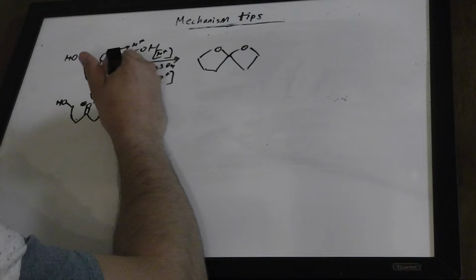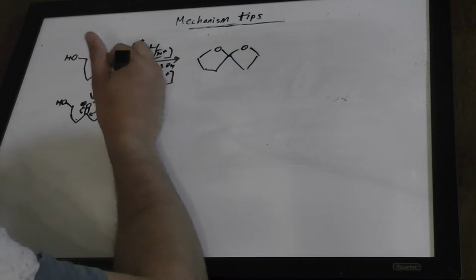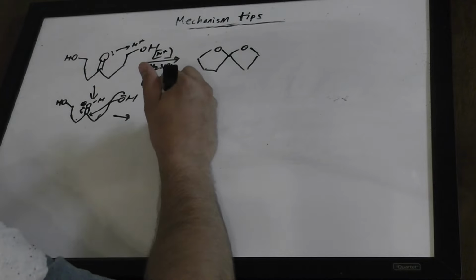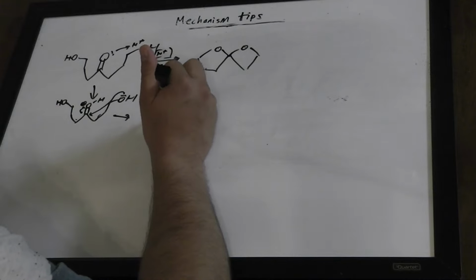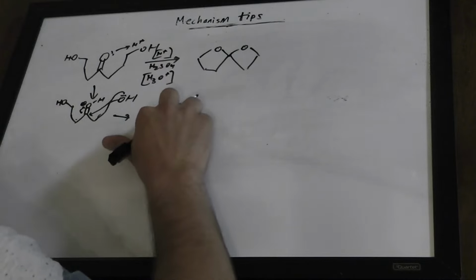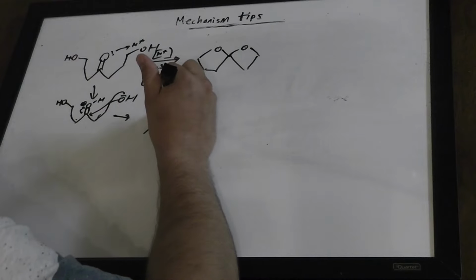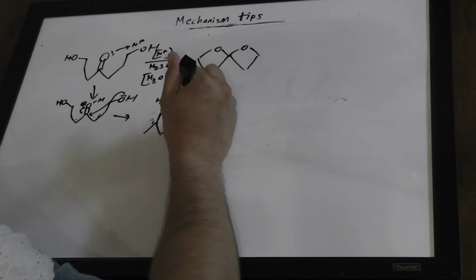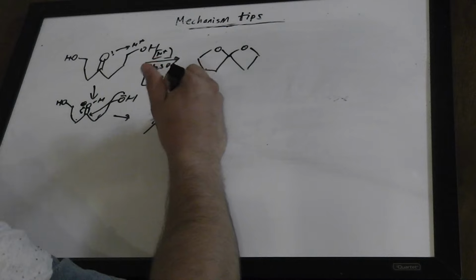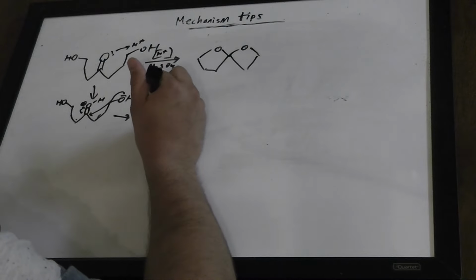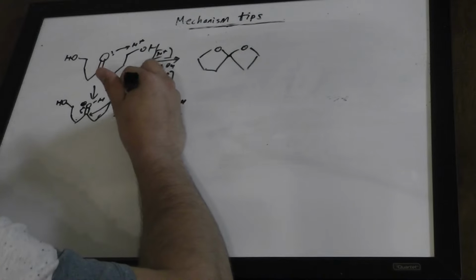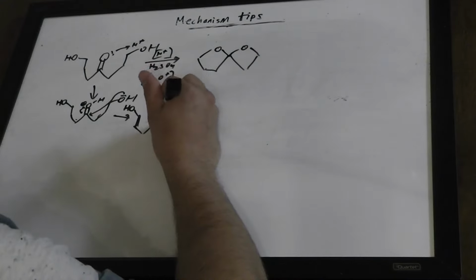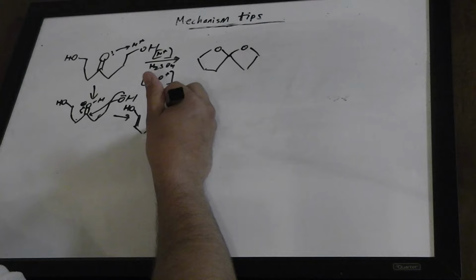So now this OH can come in as a nucleophile and that will slide up. Bond will slide up. And there's still only 4 bonds there.